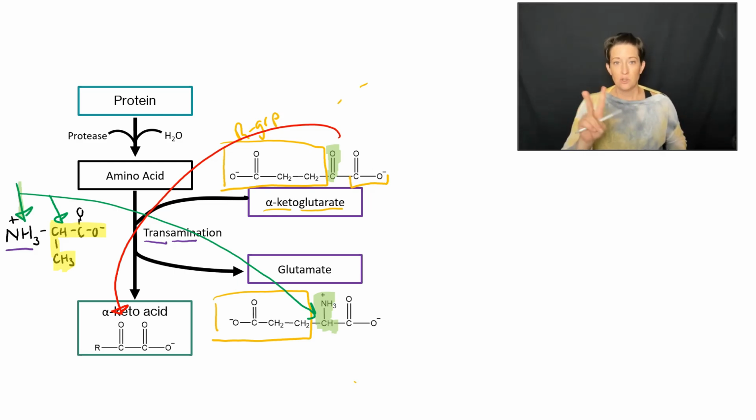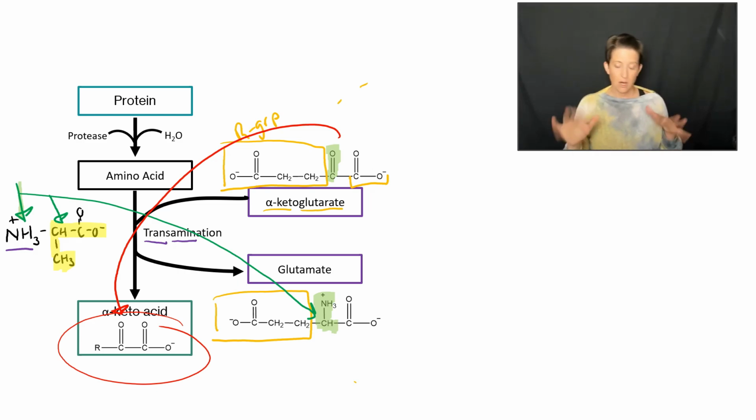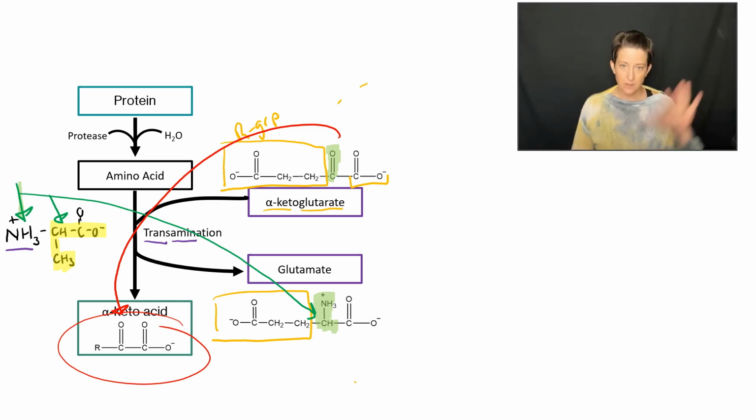So here we have two transfers occurring. We have a transfer of the ketone from the alpha ketoglutarate to alanine. We have the amine group from the alanine going to the glutamate. So here we just have transfers of these functional groups because now we have just carbons, oxygens, and hydrogens that can then move forward into our citric acid cycle. We'll talk about that at another time.